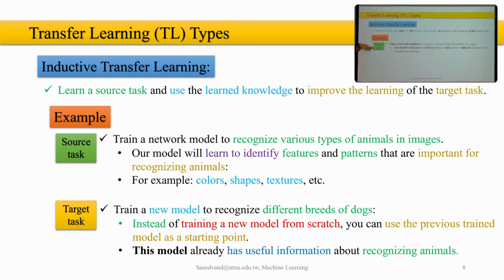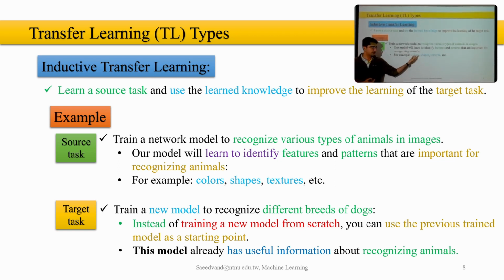Now, if we want to define a new target task, here also, for example, the colors, shapes, and textures will be extracted, of course. The texture and shape are clear. For the colors, if we use RGB, our model also learns the color concepts.